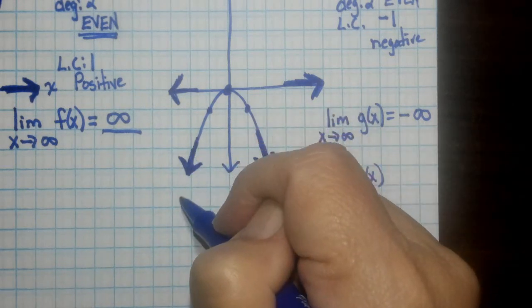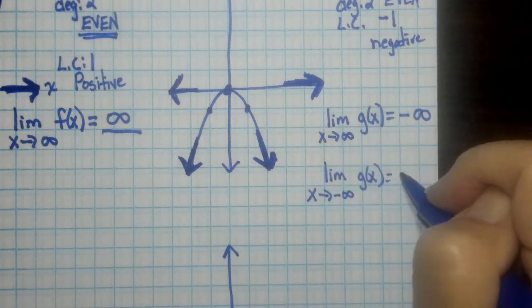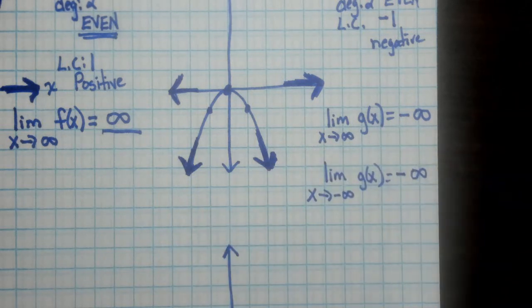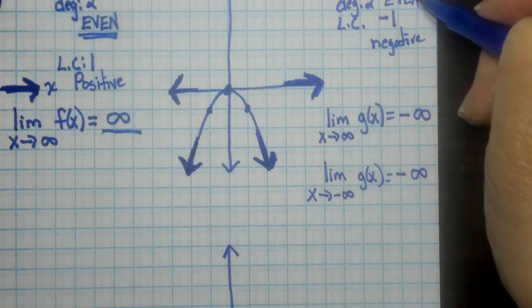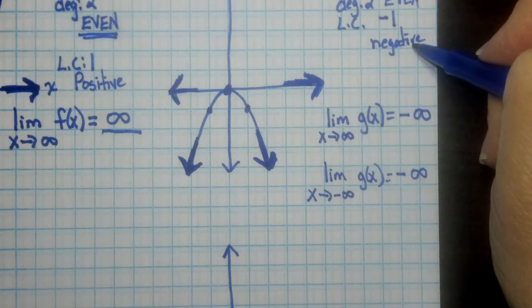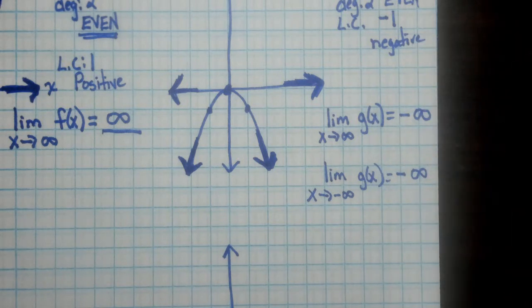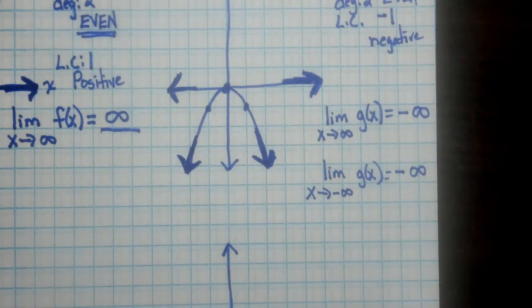They are getting closer and closer to negative infinity. Every time you have an even function with a negative leading coefficient, that's going to happen in your end behavior.